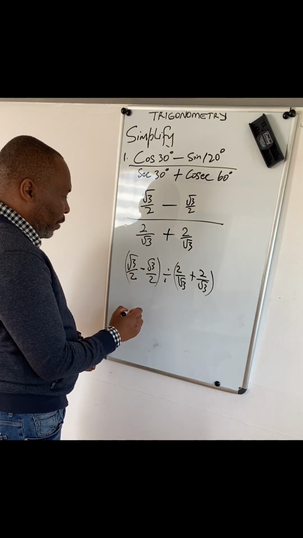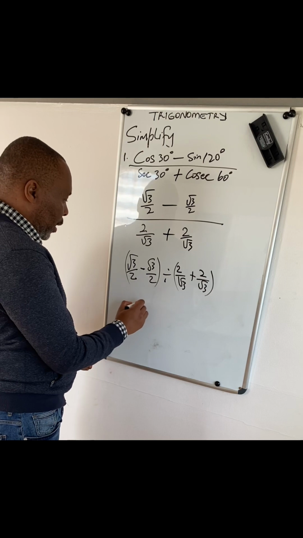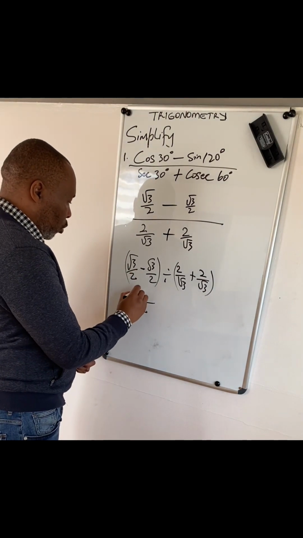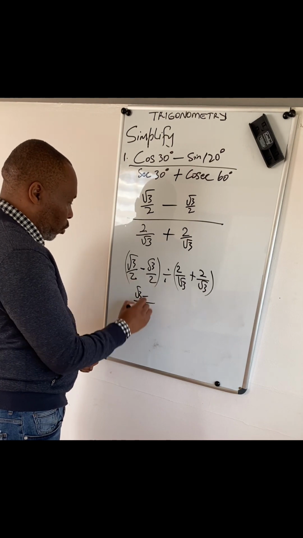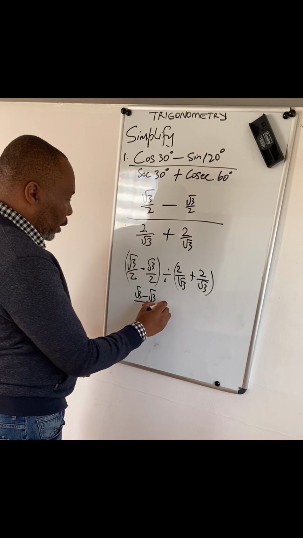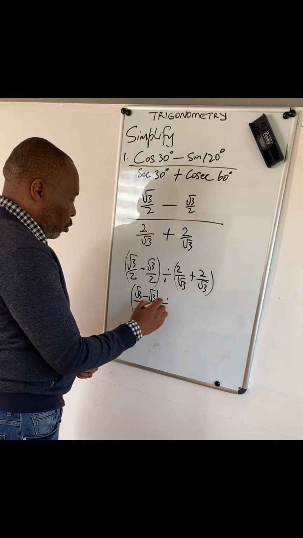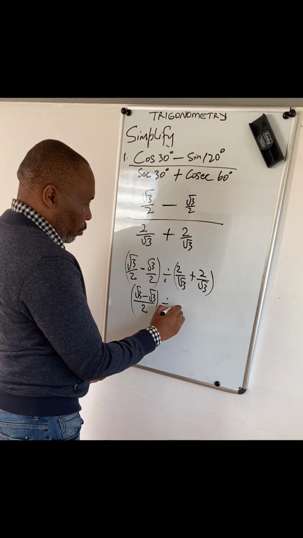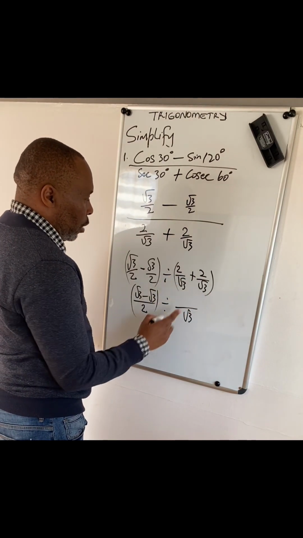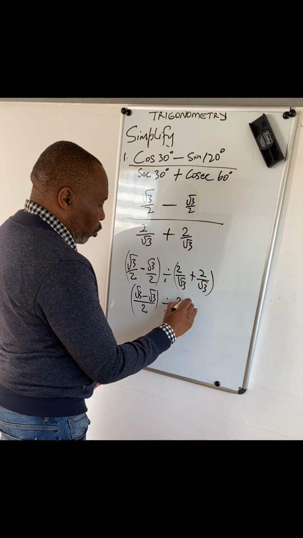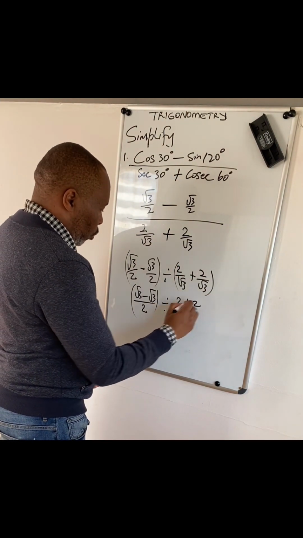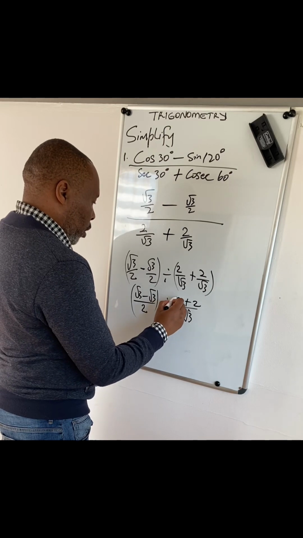We still have a divisor here, so the best is to take the common factor, which is 2. 2 into 2 goes 1 times, it's root 3, and minus root 3. We've got this divided by, in brackets, root 3 and 2 plus 2.